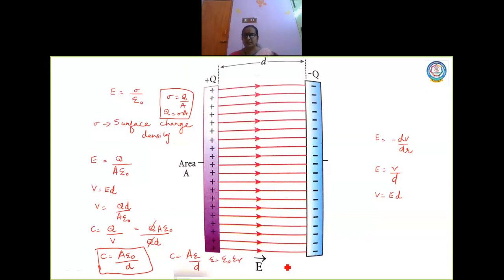So hence I substitute the value of capacitance to be A into epsilon naught epsilon r by D. This is the value of the capacitance if there is some other medium other than air. If it is a dielectric, then you will have the formula for capacitance C equals A into epsilon naught epsilon r by D.